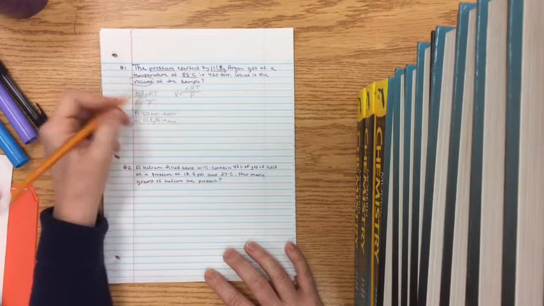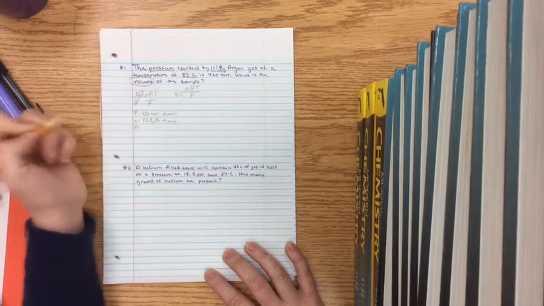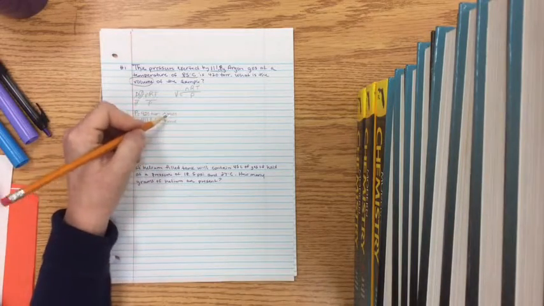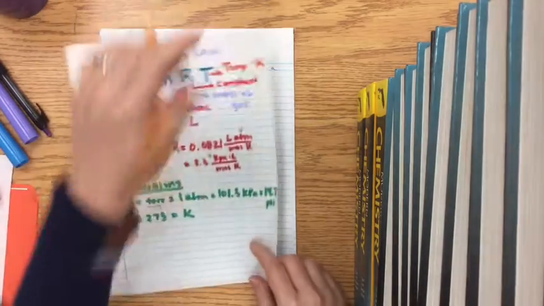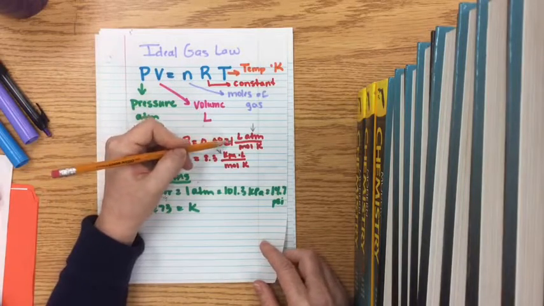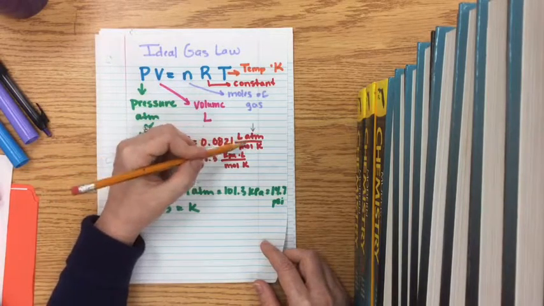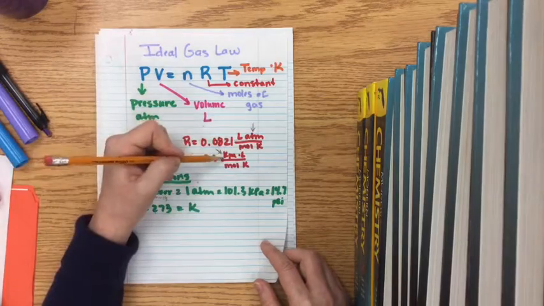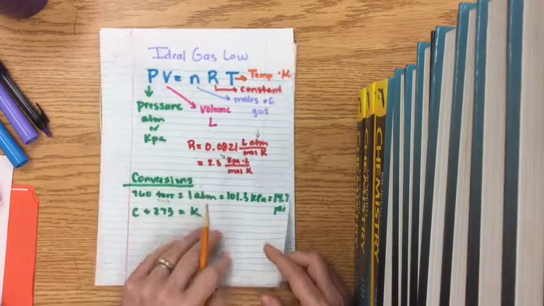My volume is what I'm looking for. My R is my gas law constant, and again, I get to pick. Since I'm using ATMs, I'm going to use 0.0821 L·atm/mol·K. If I had used kPa instead, I would have used this one.